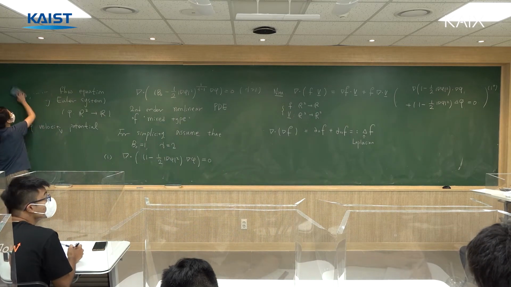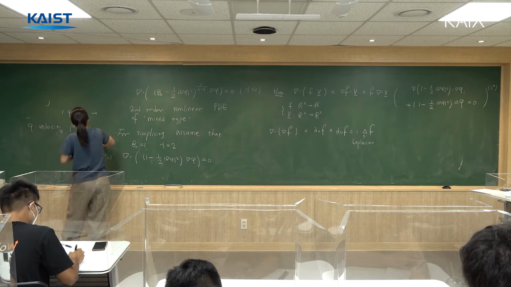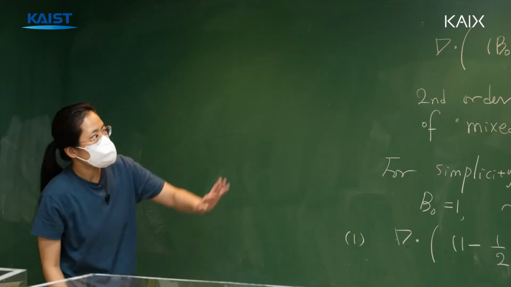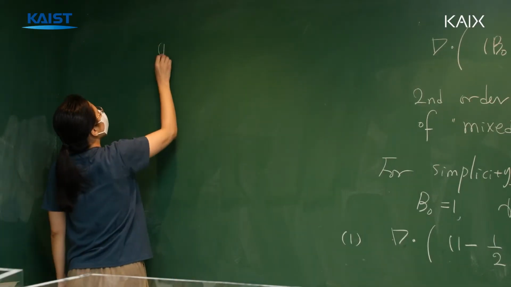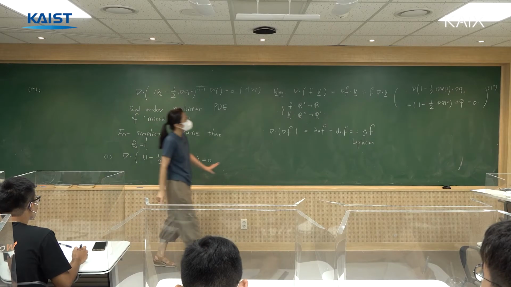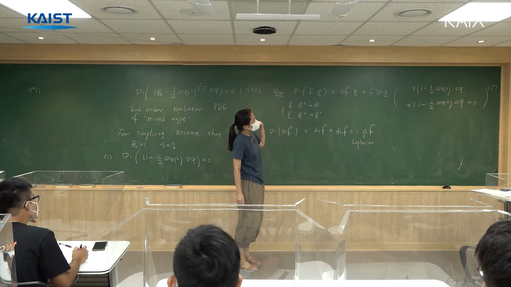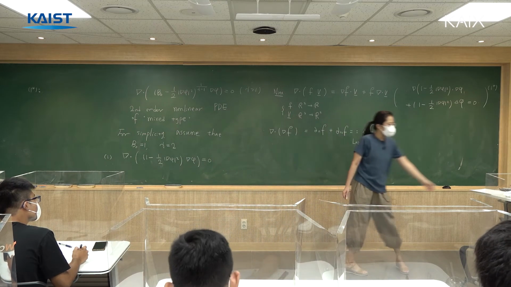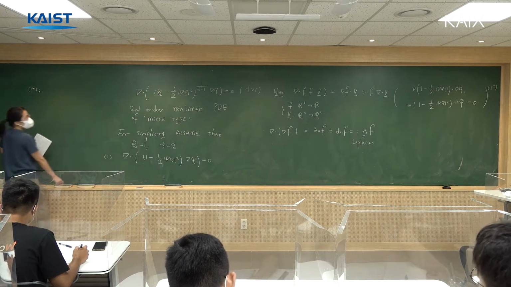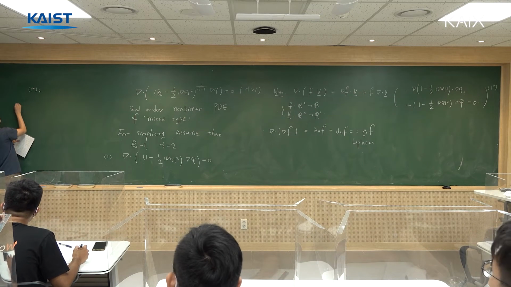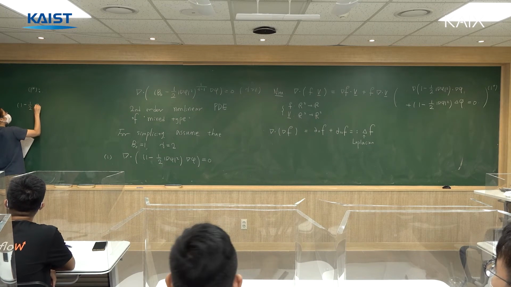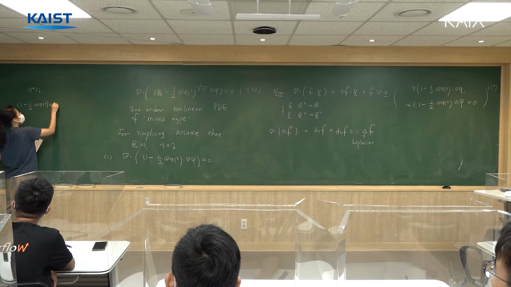Now I'm going to write this down further so that we can figure out the type of this equation, starting from 1 star. I'm going to write this in component form, and I will leave all the detailed computation to you. Let me just write down the resultant form. Let me take the Laplacian first out, times the Laplacian of phi.